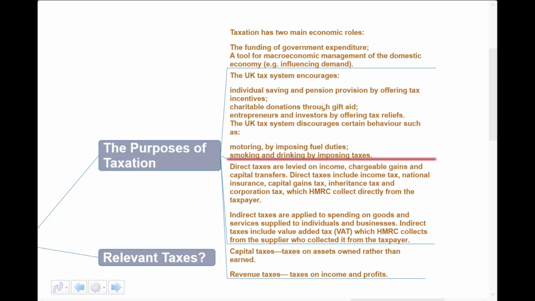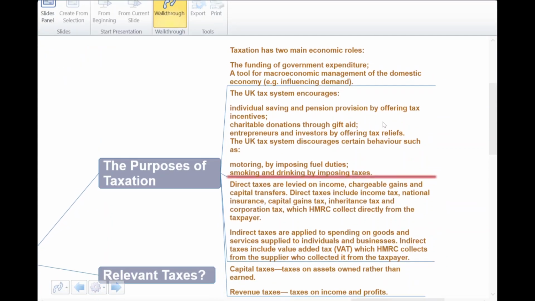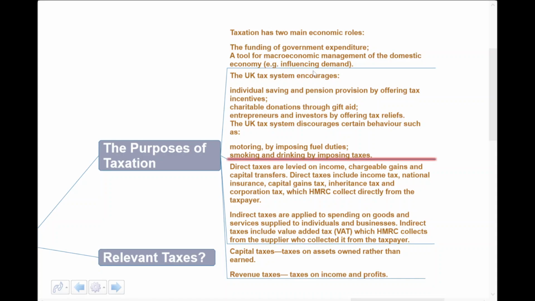So the system is used to fund a variety of things, not least government expenditure, and it's designed to encourage and discourage some areas. Let's be familiar with the distinction between a direct tax and an indirect tax. Direct taxes, as it says on the tin, are levied on income, chargeable gains, and capital transfers.